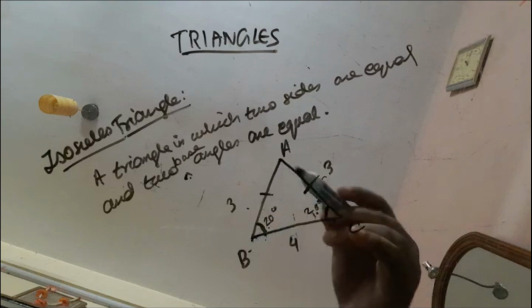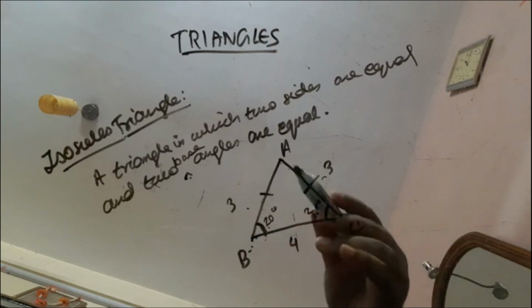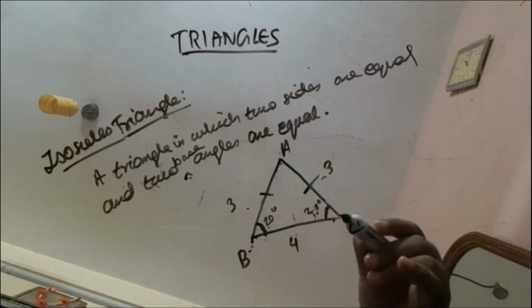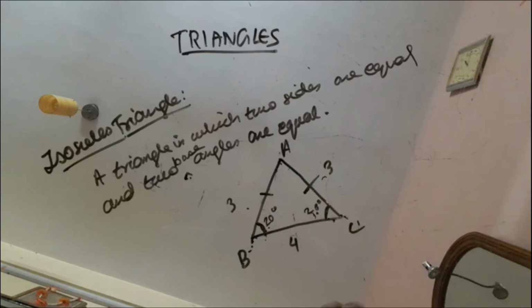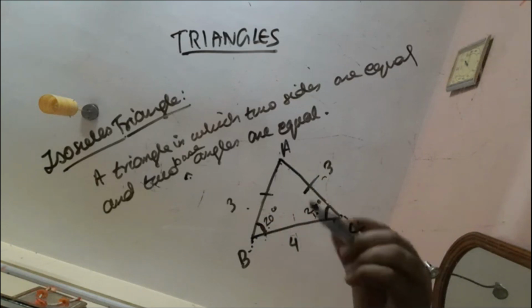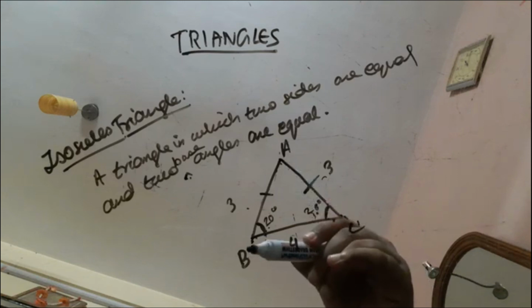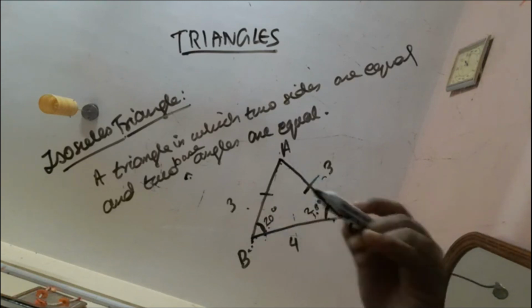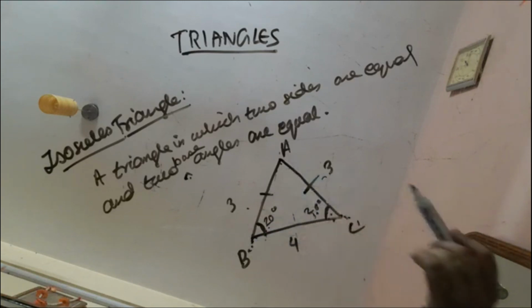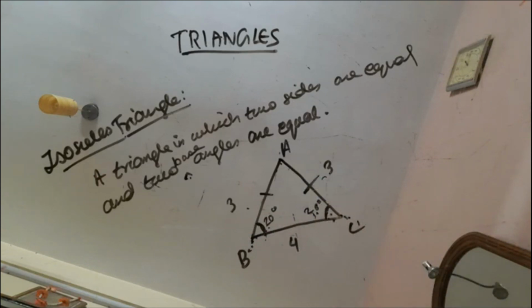This side AB is opposite to the base angle ACB. Therefore, AB and AC would be equal. And it also follows vice versa, that if AB and AC are equal, then the angles opposite to AB and AC would also be equal. So I think it is clear now what we mean by an isosceles triangle.